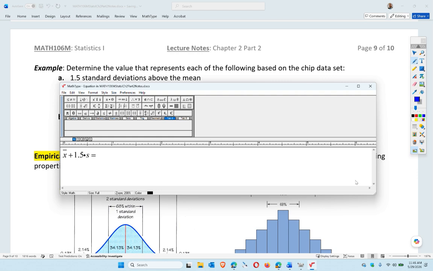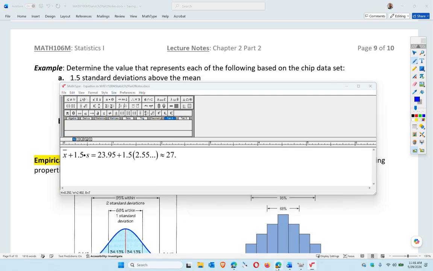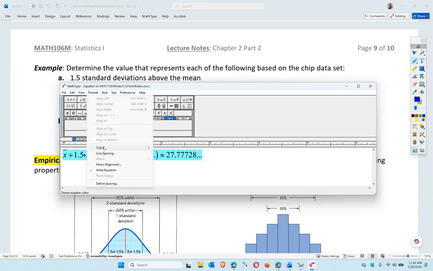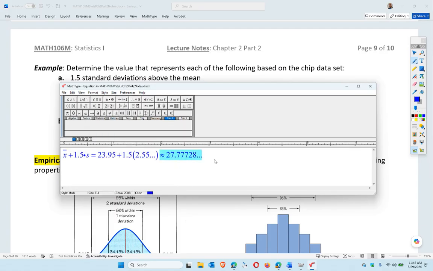So that was 23.95 plus 1.5 times approximately 2.55, which we really don't know exactly. So it's approximately 27.77. The 7 keeps going, right?